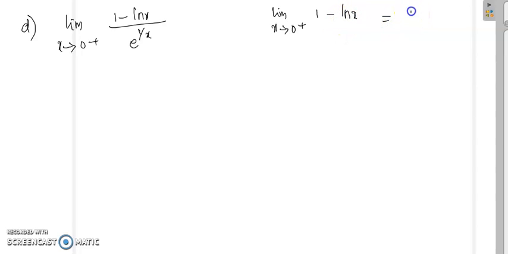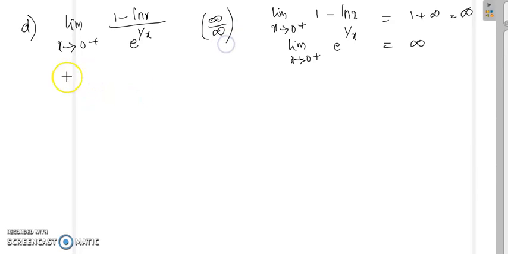So you will get 1 plus infinity, so that is again infinity. And so the numerator has limit infinity, and as x tends to 0 plus, e power 1 by x is, 1 by 0 is infinity, e raised to infinity is again infinity.